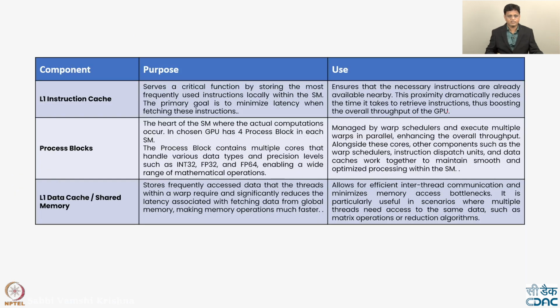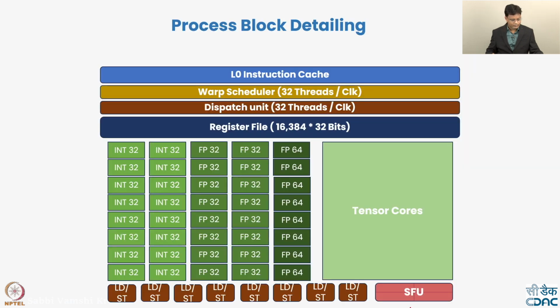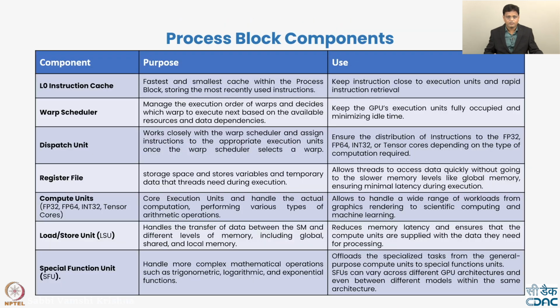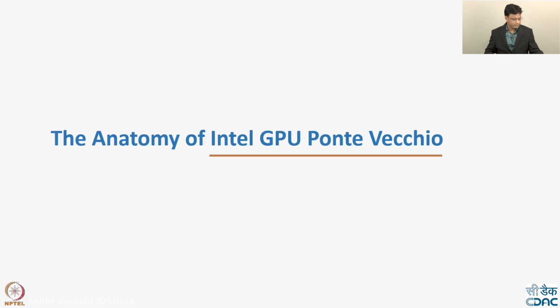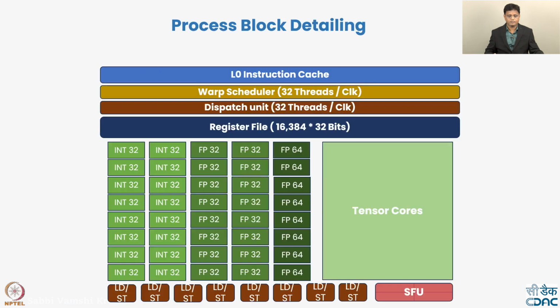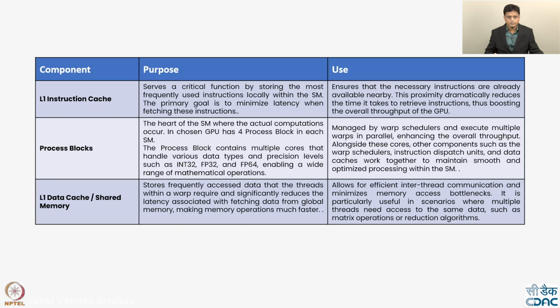Before that, I will give you the purpose of the L1 instruction cache, process block and L1 data cache. The L1 instruction cache, as the name suggests, provides the cache functionality for instructions.